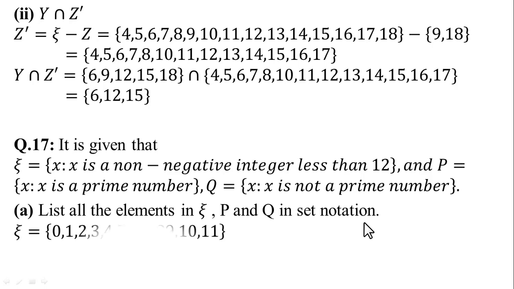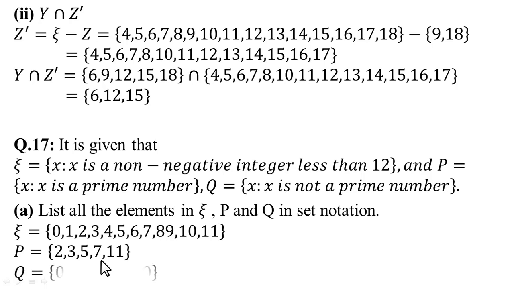So the universal set is equal to 0, 1, 2, 3, 4, 5, 6, 7, 8, 9, 10, 11, the non-negative integers less than 12. Now P is the set equal to x such that x is a prime number, so P is equal to 2, 3, 5, 7 and 11.